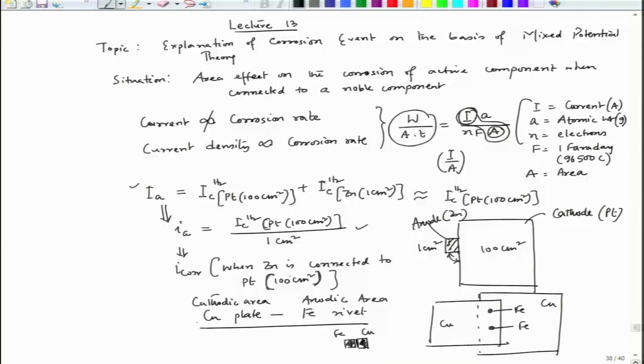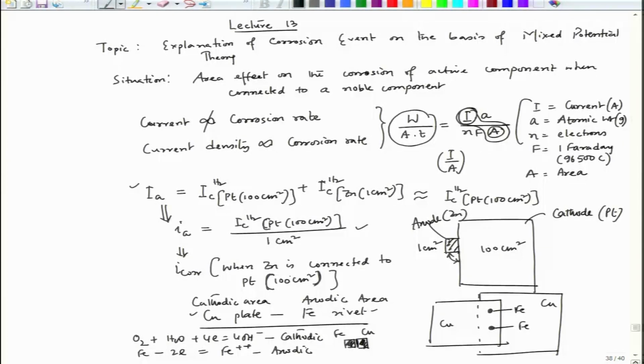And in the case of copper plate and iron plate, iron acts as anode and copper acts as cathode in sea water, and that time the cathodic reaction is O2 plus H2O plus 4e equal to 4OH minus, and this is going to be the anodic reaction.